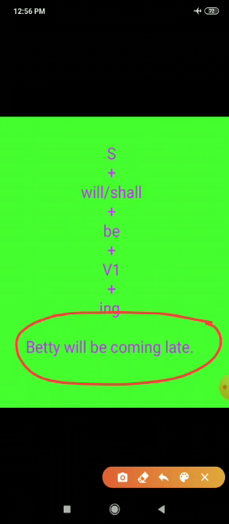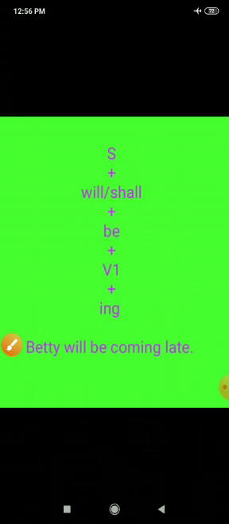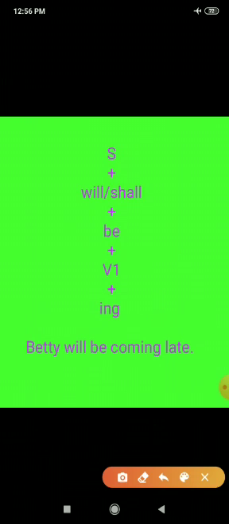Let's look at this sentence. Betty will be coming late. This sentence is a positive sentence or an affirmative sentence. An affirmative sentence is formed following this formula.